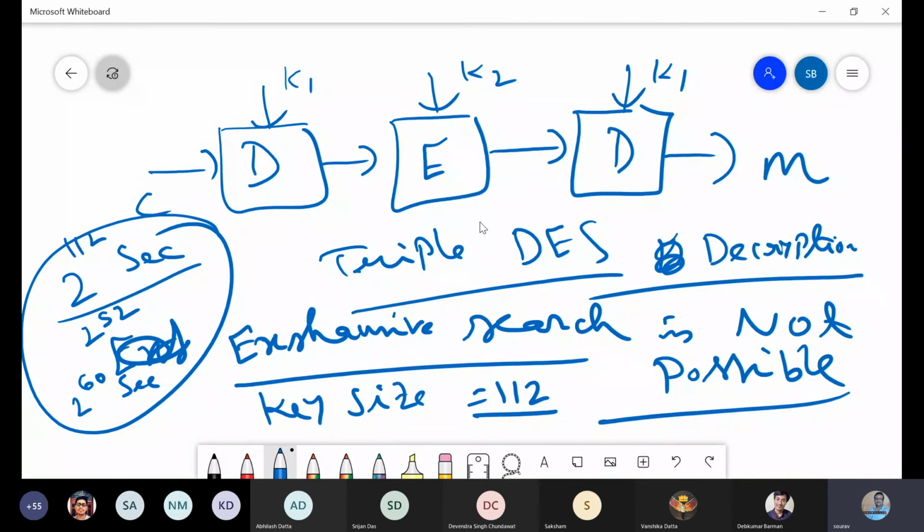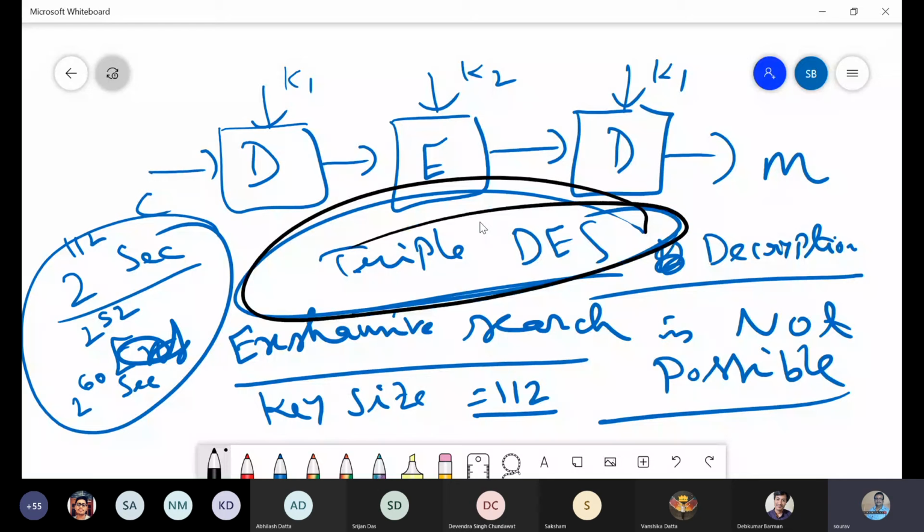Okay, so is it safe? We can make this a standard. NIST can announce, okay, now we got a new block cipher, although not new. So is this okay? Is triple DES secure?